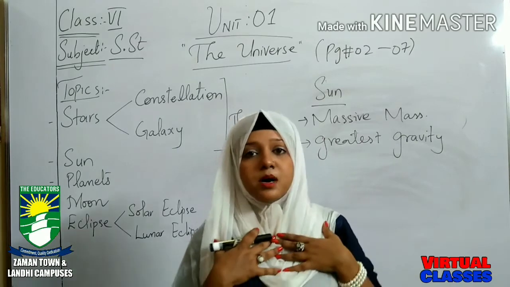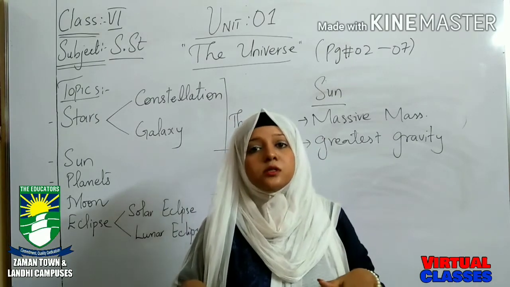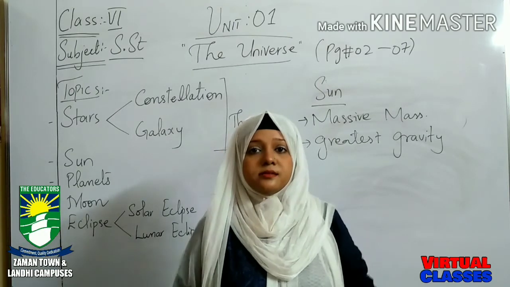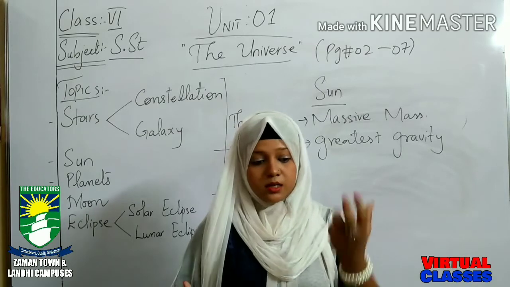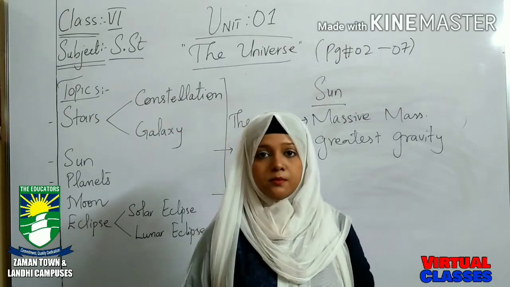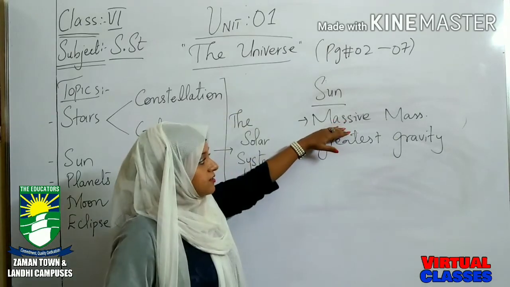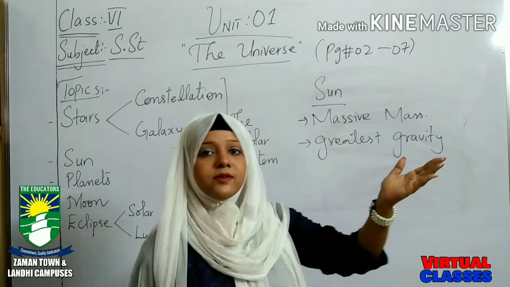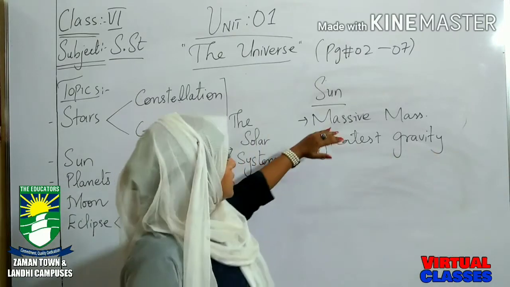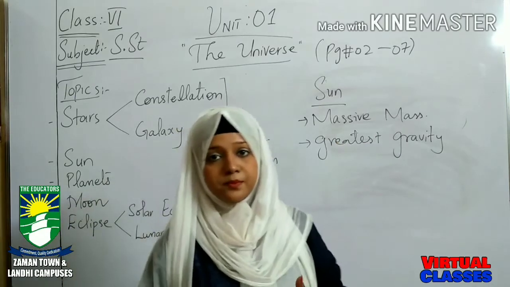We have some mass, we put force on the surface. That's why we can stand. And in return, the force of the earth attracts us to stay. So, as the mass is greatest, the gravity is greater. Being the greatest mass, it has the greatest gravity.